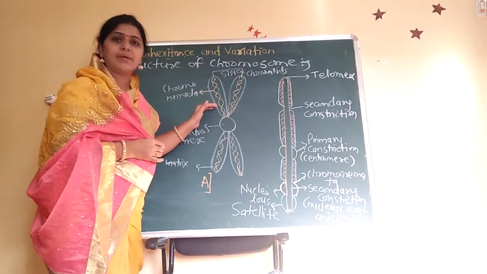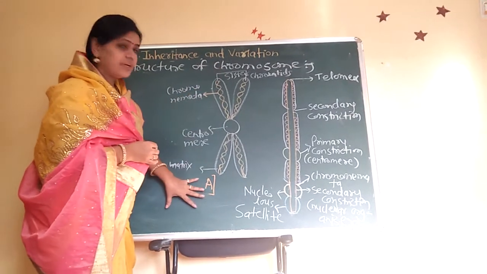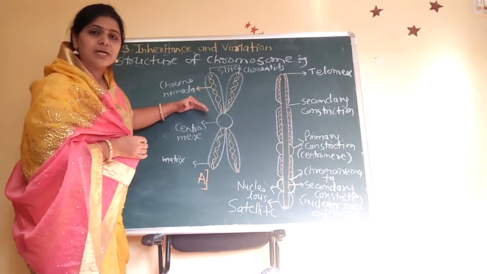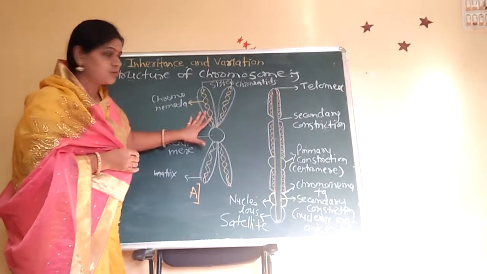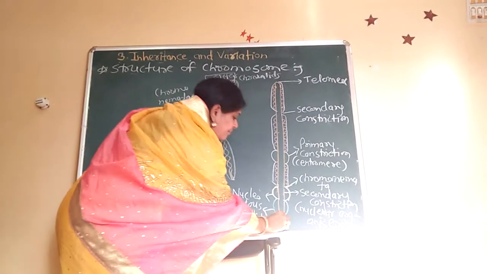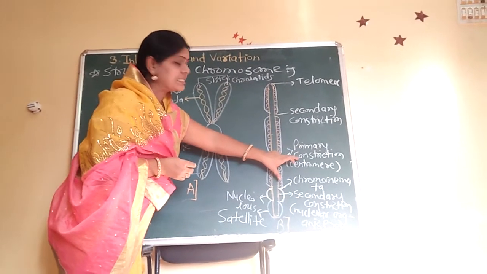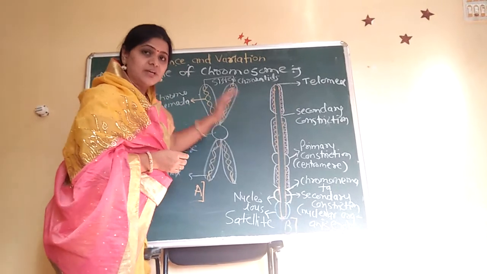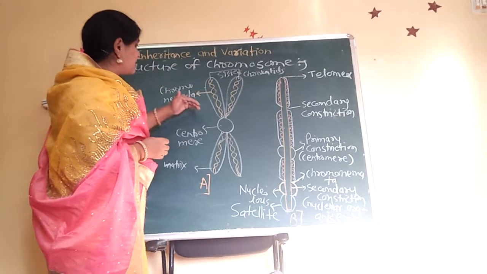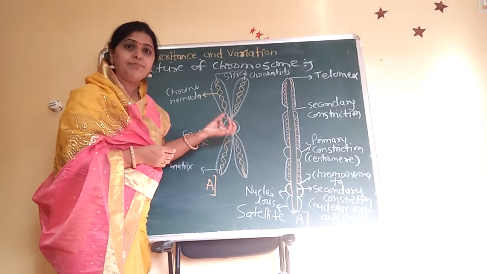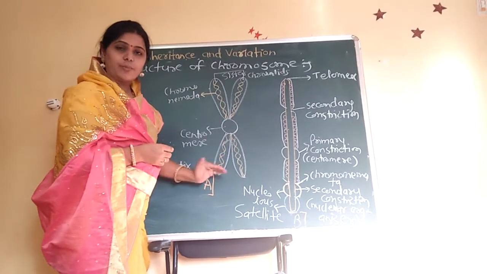What is chromonemata? The first diagram, A, shows the parts of the chromosome, and the second diagram, B, shows the constriction of the chromosome. First we see this diagram: the centromere is situated in between the chromatids.